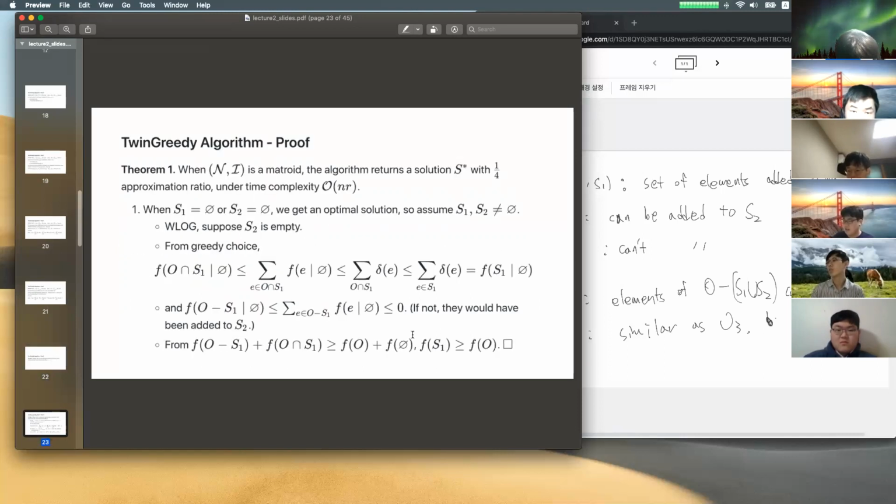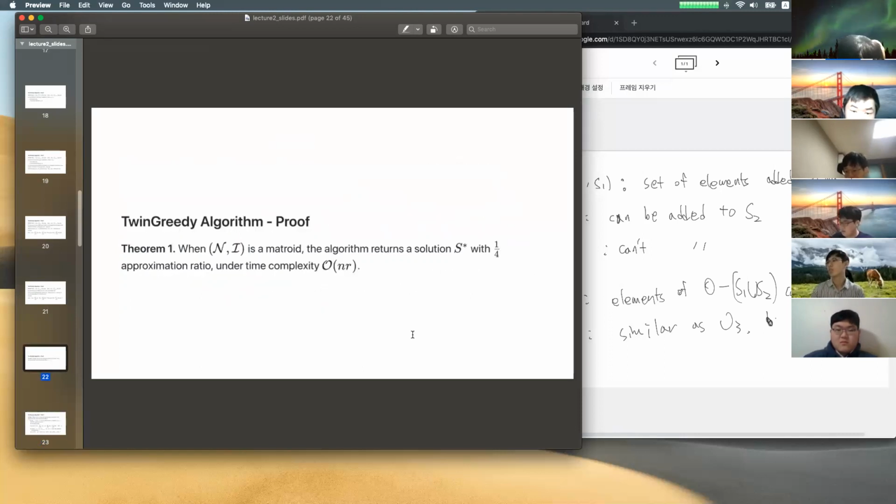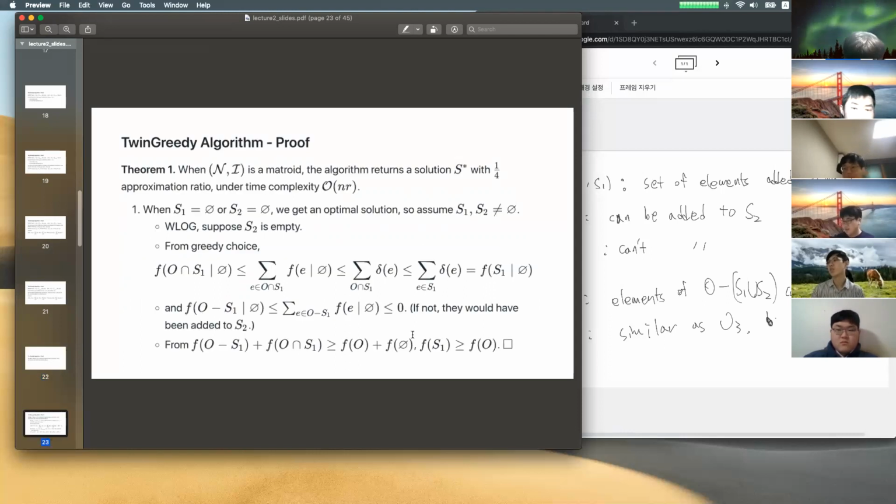For proving this, we need to use the lemmas presented before, with many computations. The first statement is not actually that important to proving this main theorem, but it is a property of this algorithm. If one of the two solution sets is the empty set, then the solution we get is the optimal solution.